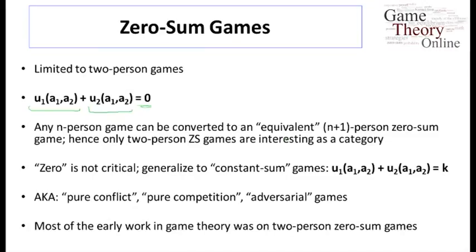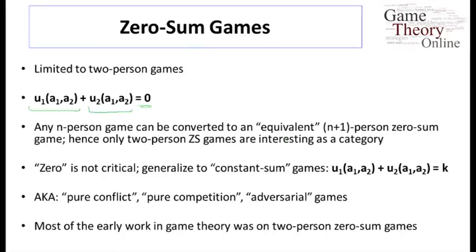And in some sense, that's been interpreted as saying that the interesting situation is when you're dealing with zero-sum games. And we'll see that some of the classic results in two-person zero-sum games are really somewhat special to two-person games. Very important point, 0 is not critical.